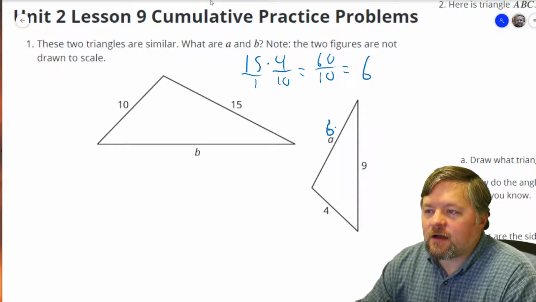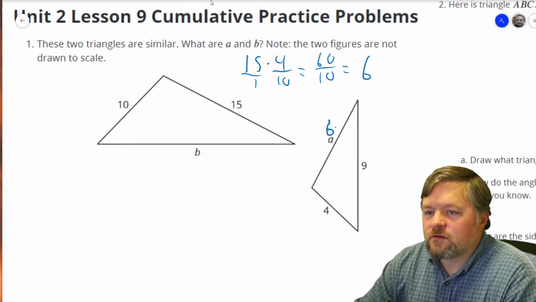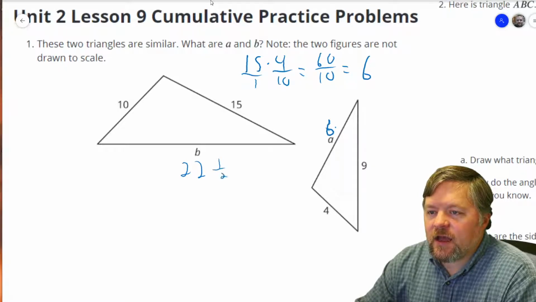No, 9 times 2 is 18. 9 times a half is 4.5. B is 22.5.